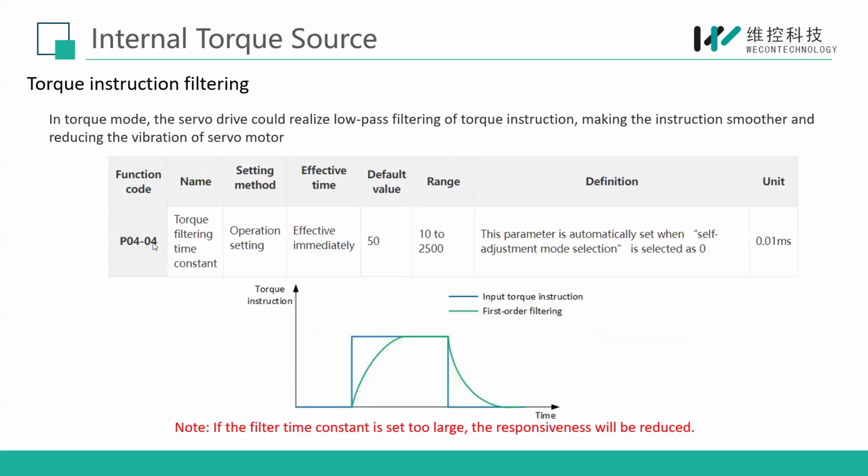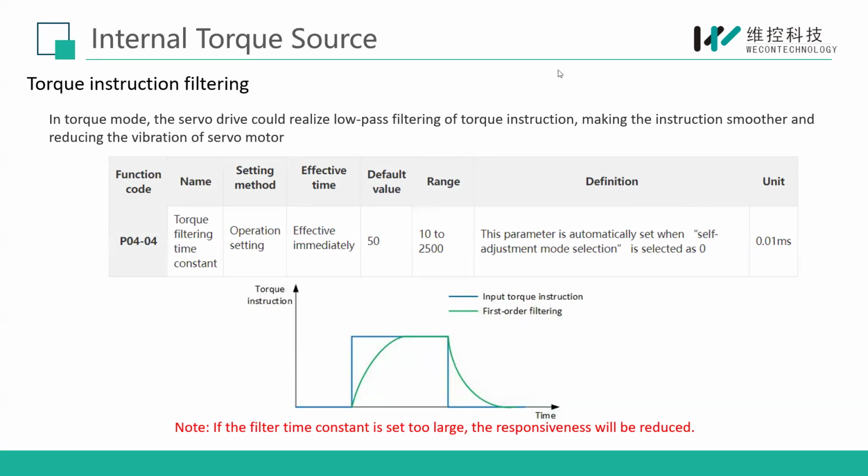And the P4-04 parameter is used to set the filtering time of the torque command. With this setting, the torque will be more stable.